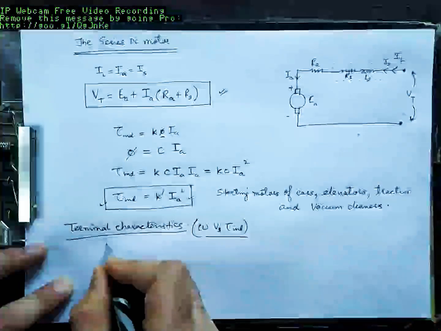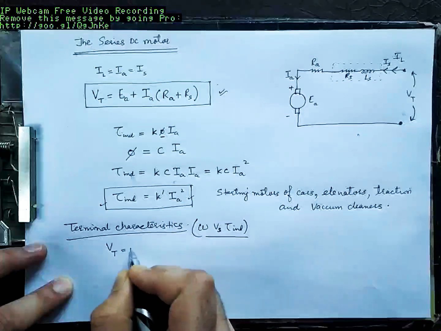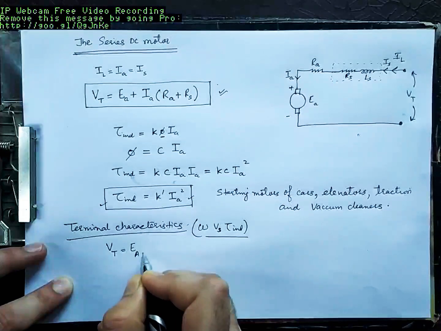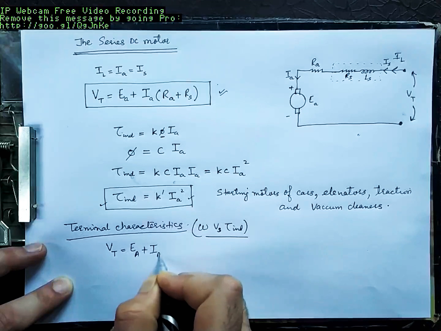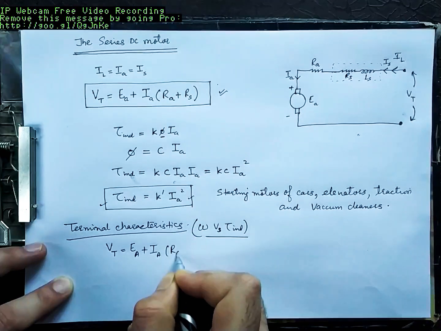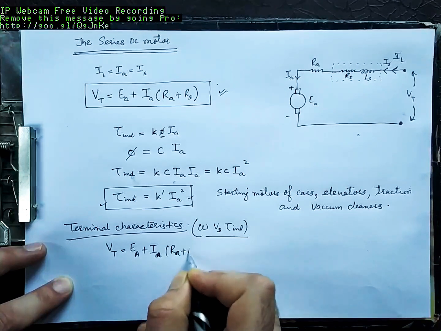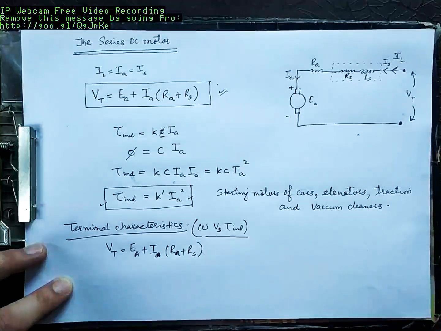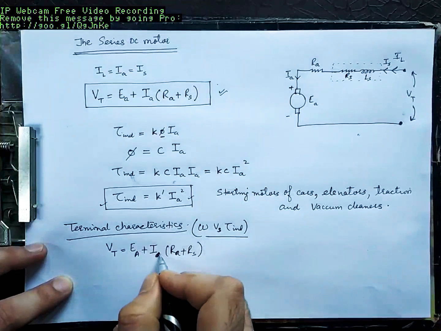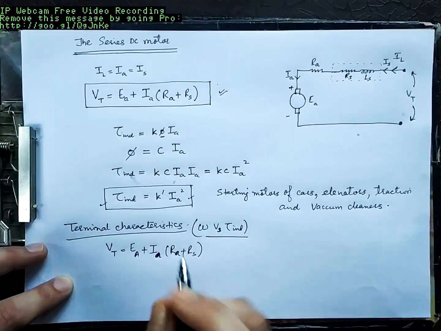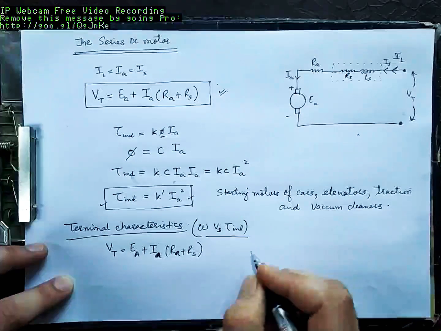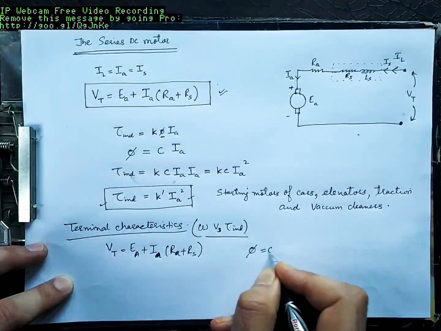Since we know Vt is equivalent to EA plus IA (RA plus RS). Also, we know that flux phi is equivalent to C times IA.